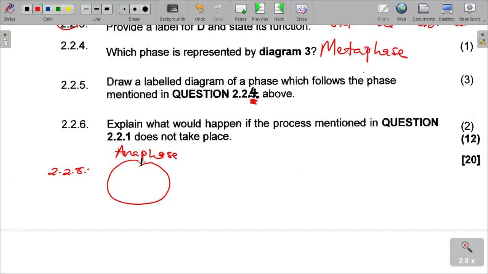You must understand that this is the anaphase diagram. This is anaphase.